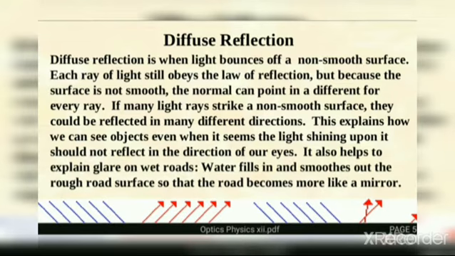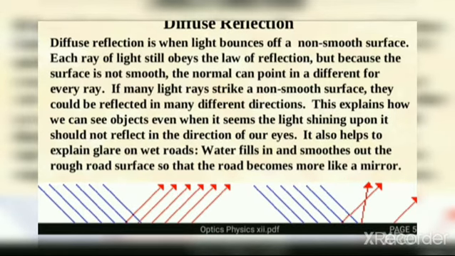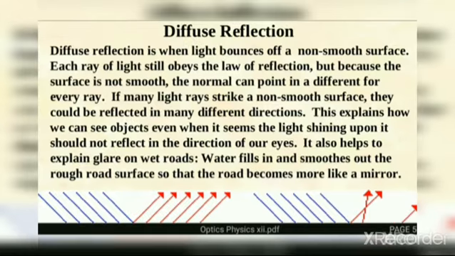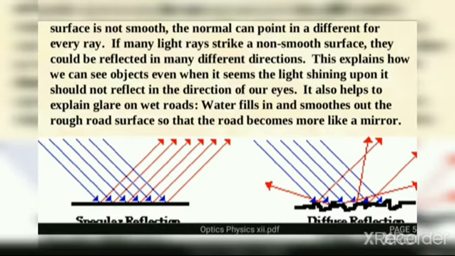Now reflection of light by some object. Consider when light comes and bounces off a non-smooth surface. There, the law of reflection is obeyed, but because the surface is not smooth, the normal can point differently for every ray.